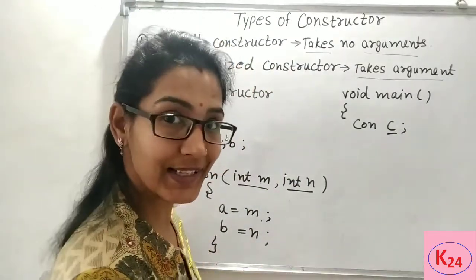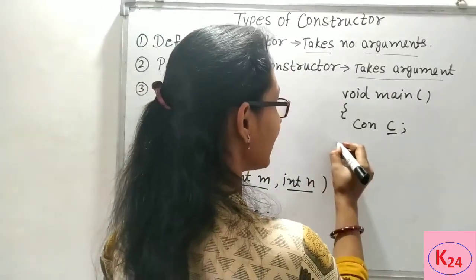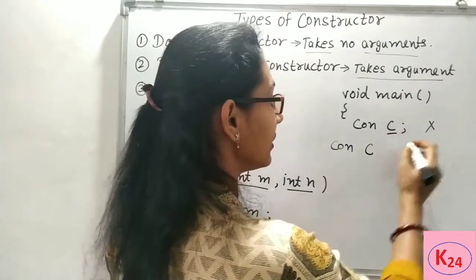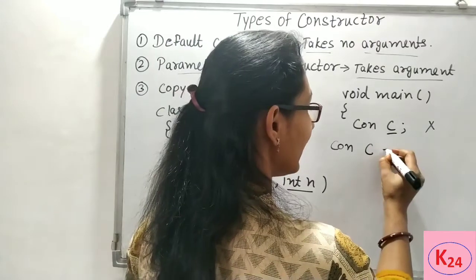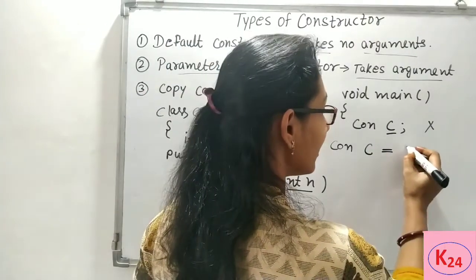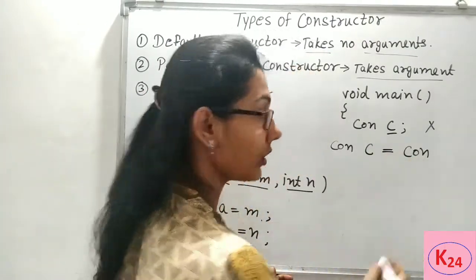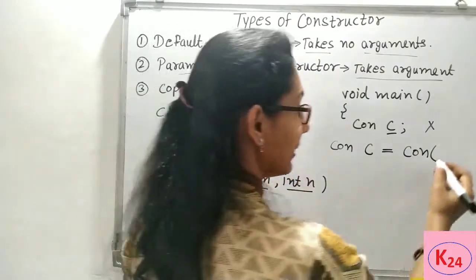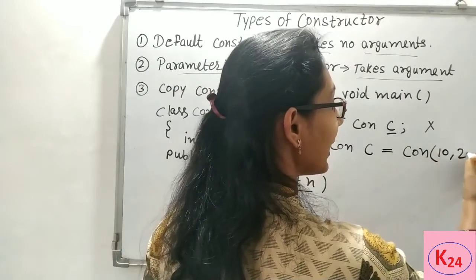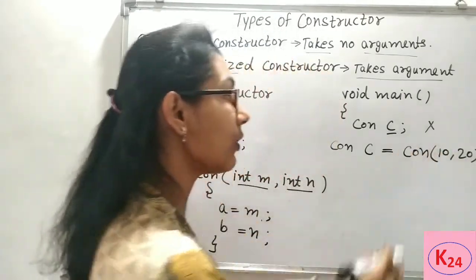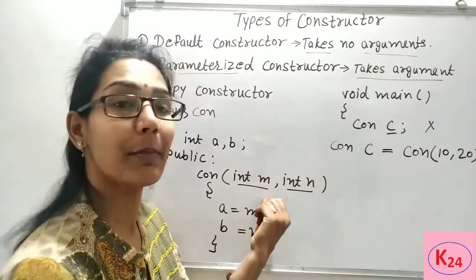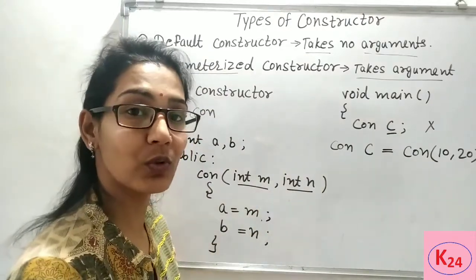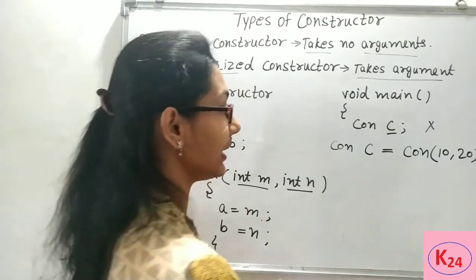For explicitly we will write the class name con, then the object C, then equal to, then the constructor name con, and then we will pass the two values for m and n. So suppose we are passing 10 and 20. At that time it will call the parameterized constructor explicitly. Now suppose we have to pass the values implicitly, then what to do?